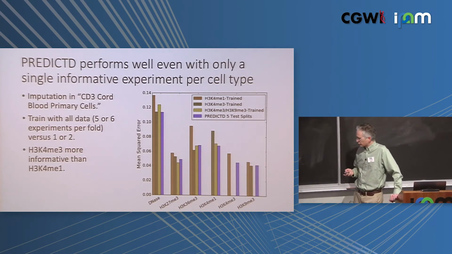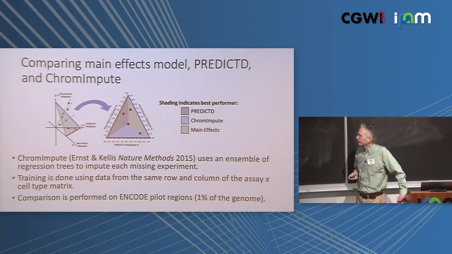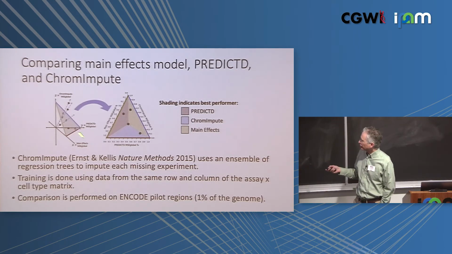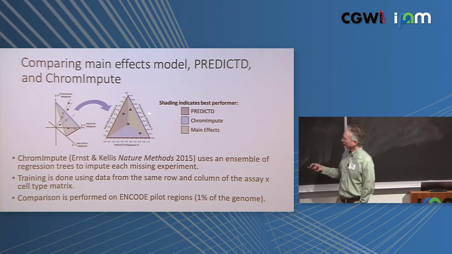We did, of course, do systematic comparison to other methods. Basically, the only other method is the one I mentioned, Jason Ernst's ChromImpute technique. We also compared to a baseline model called the main effects, which I'll explain on the next slide. For the purposes of showing the comparison, we use what are called ternary plots, which I had not heard of before, but Tim found somewhere. They're kind of cool.